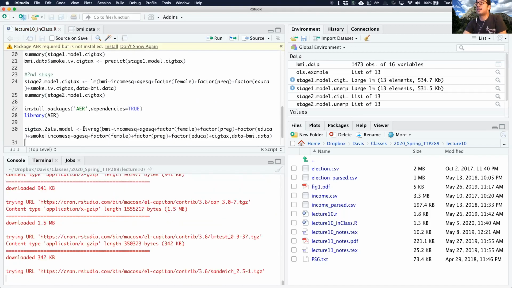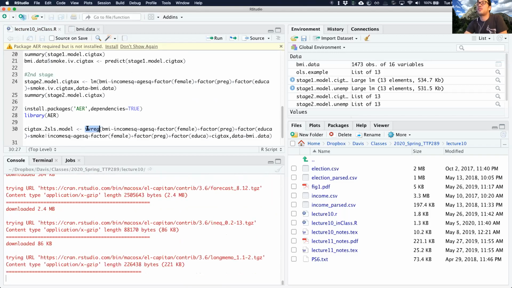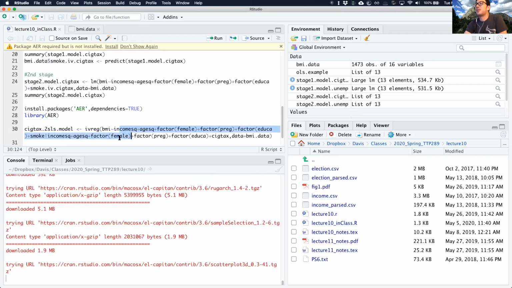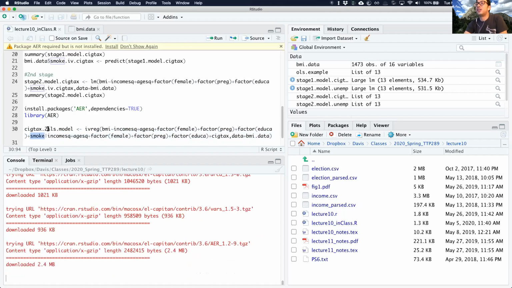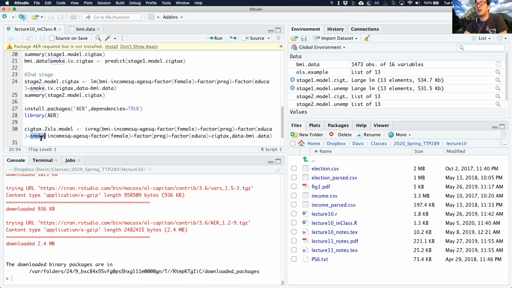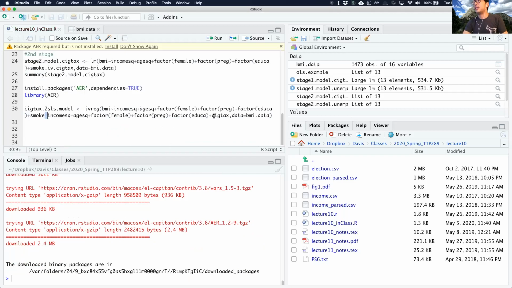So the syntax for it, instead of linear model, is called IVReg, which stands for instrumental variable regression. And so you regress BMI on all of your variables, and then for the variable that you're interested in having instrumented, which is smoke, you have this extra syntax with a vertical line, indicating what variables to include.